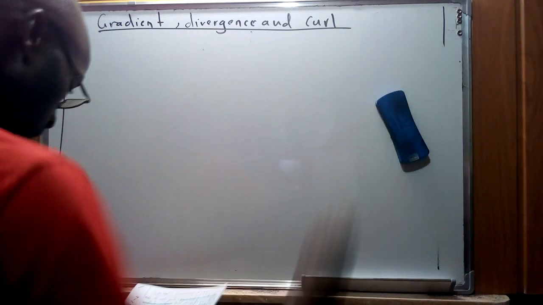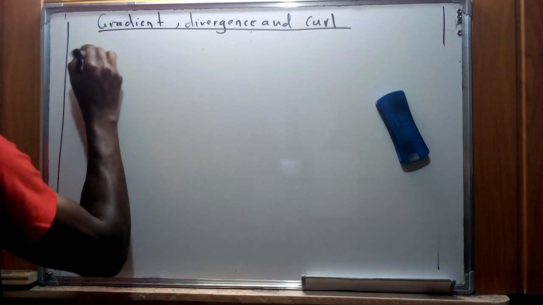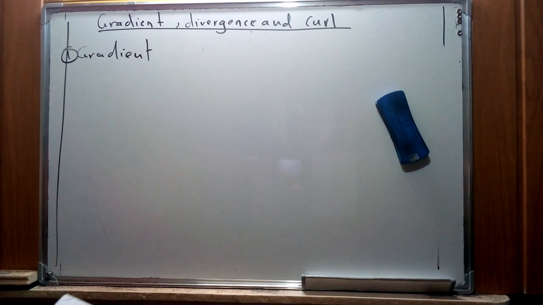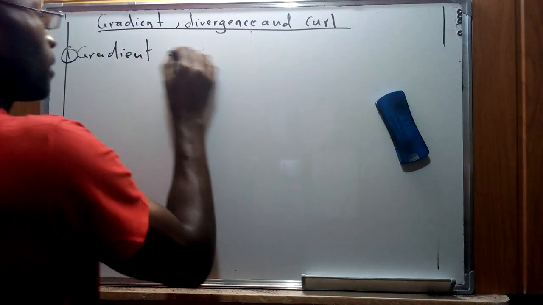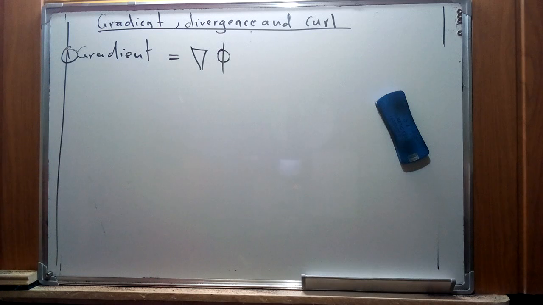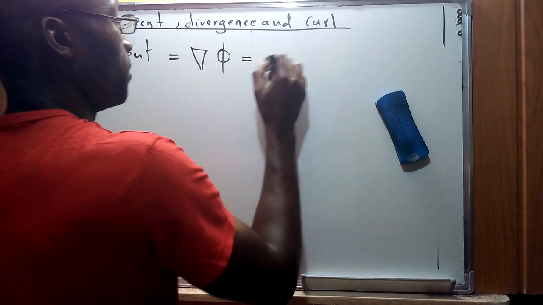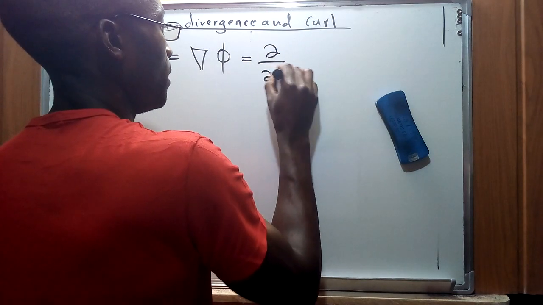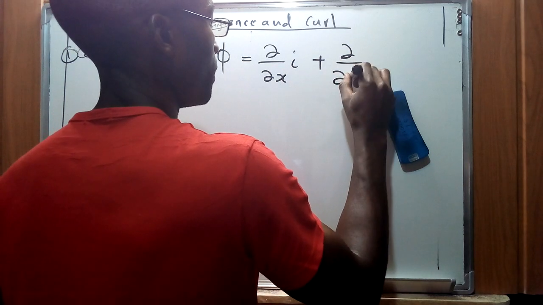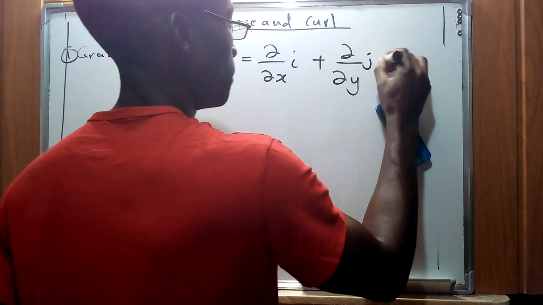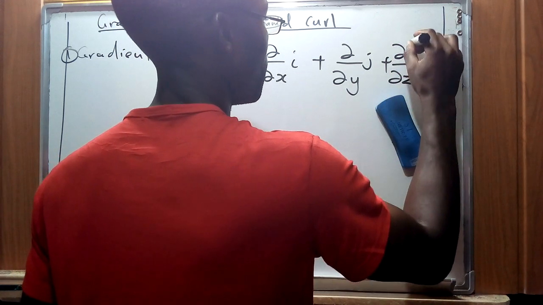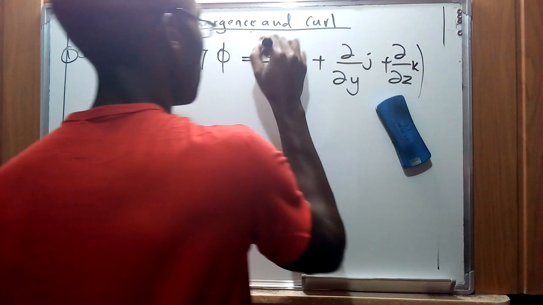Now for the concept of a gradient, which is going to form our first one, a gradient can be given as del phi, and this basically can be represented as i d/dx plus j d/dy plus k d/dz of phi.